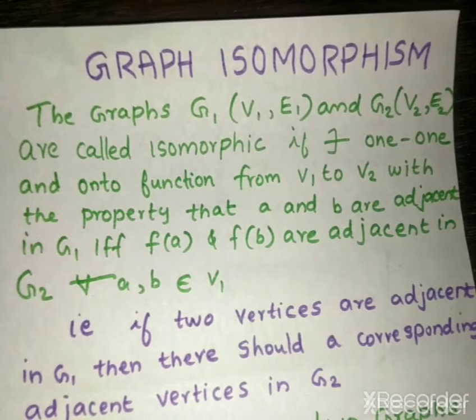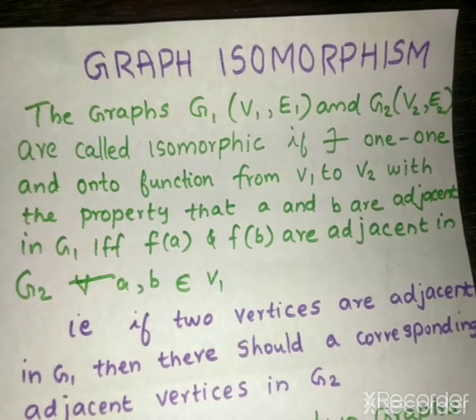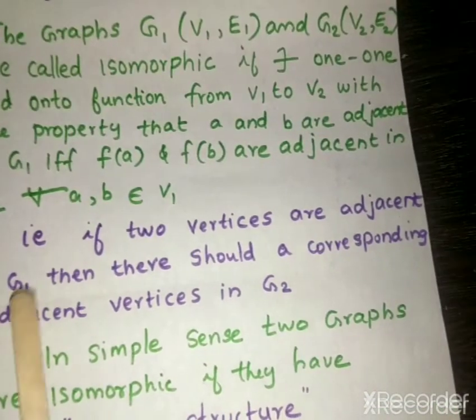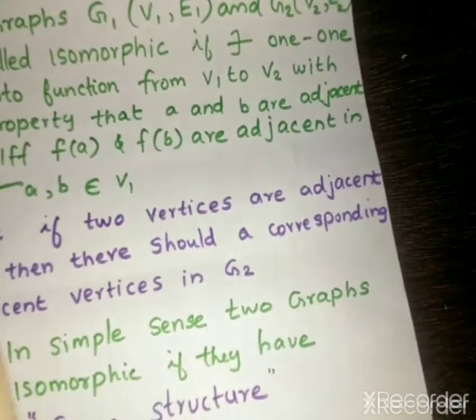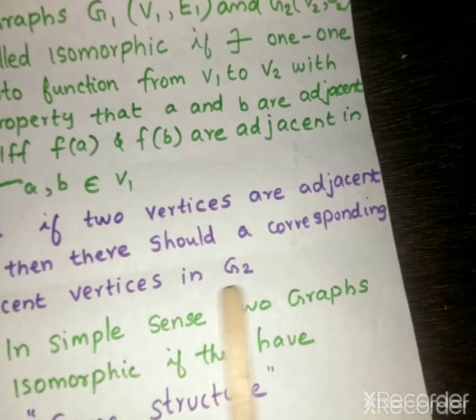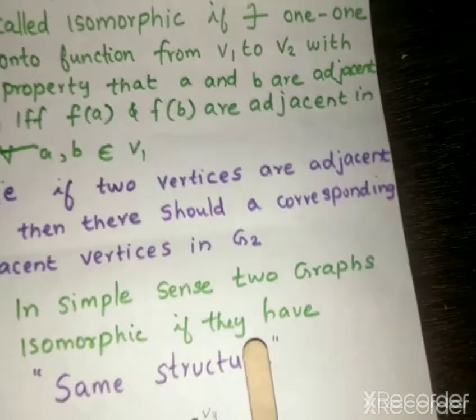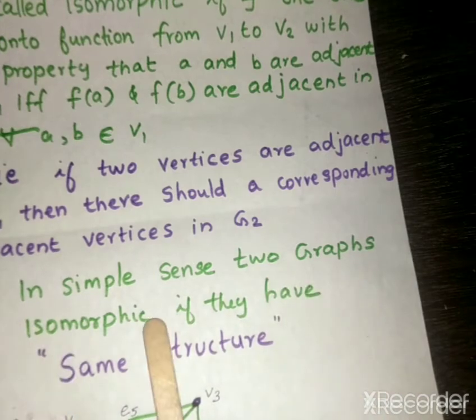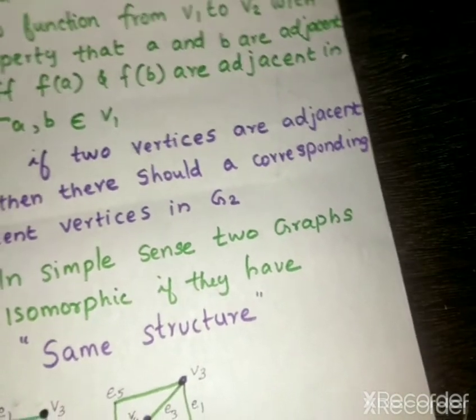This is the definition of graph isomorphism. That is, in simple sense, if two vertices are adjacent in G1, then there should be corresponding adjacent vertices in G2. And we can say that two graphs are isomorphic if they have the same structure.